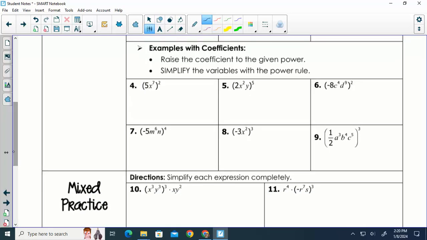So if I were to do this one, it would become 5 to the 2nd power and x to the 14th. And then we can simplify a little bit. What is 5 to the 2nd power? 25, because 5 to the 2nd means 5 times 5. So we get 25 x to the 14th.